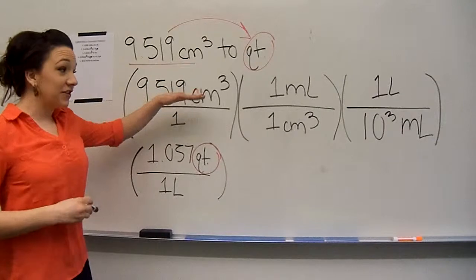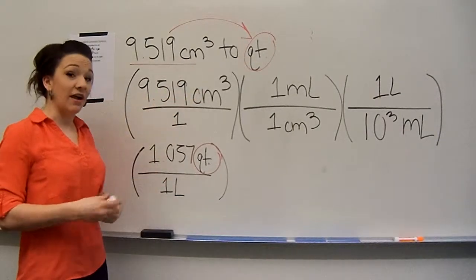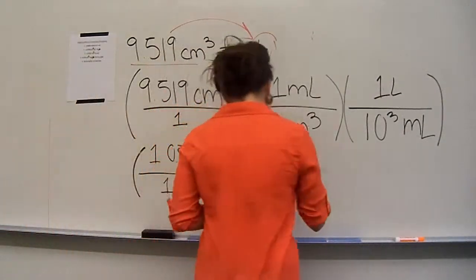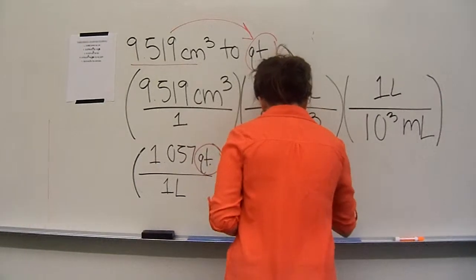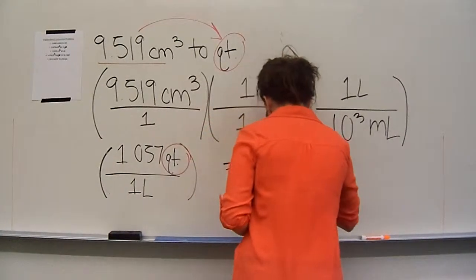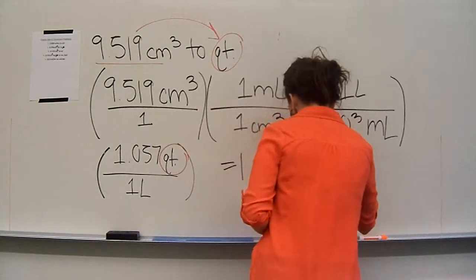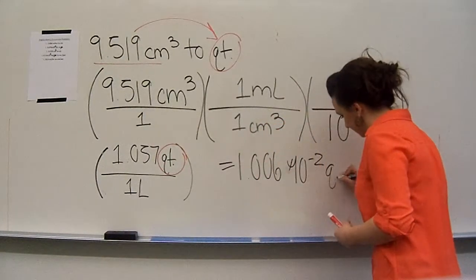You multiply everything on the top, divide it by everything on the bottom, and you should come up with an answer of 1.006 times 10 to the negative second quarts.